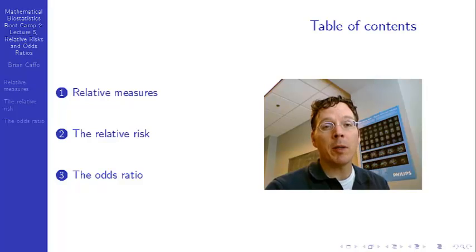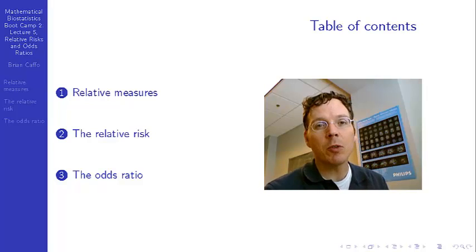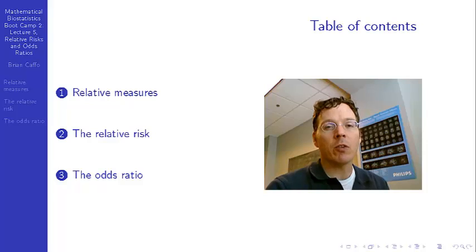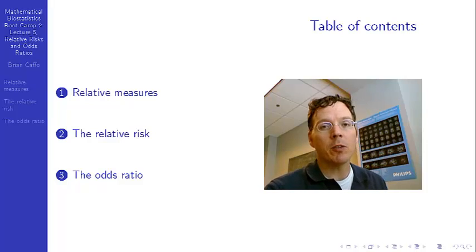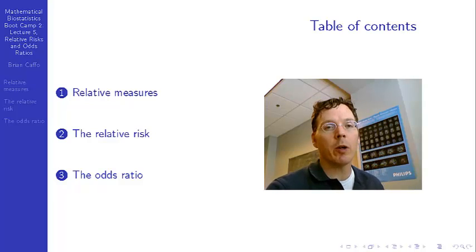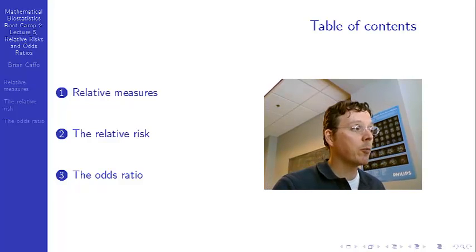It might be interesting to know that even though the absolute difference in rates is very small, the relative difference might be very large. So frequently we're interested in relative differences rather than absolute differences.